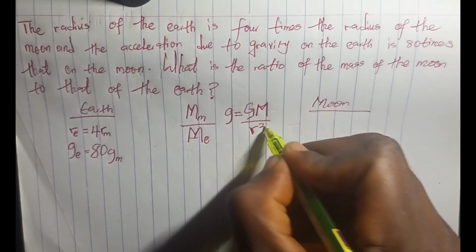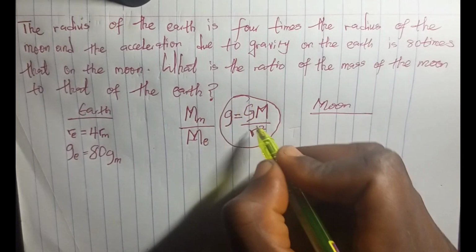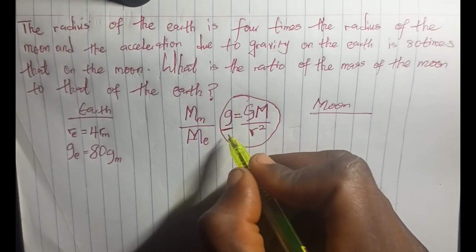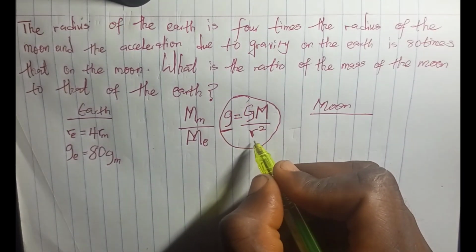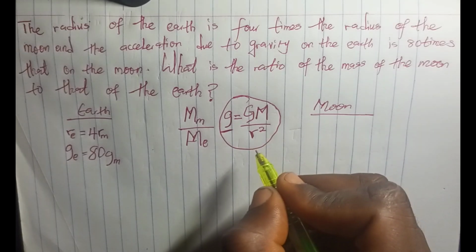We derived something like this. If you've not watched that video, why this acceleration due to gravity is greater at the poles than at the equator, I really advise you to go and watch it.